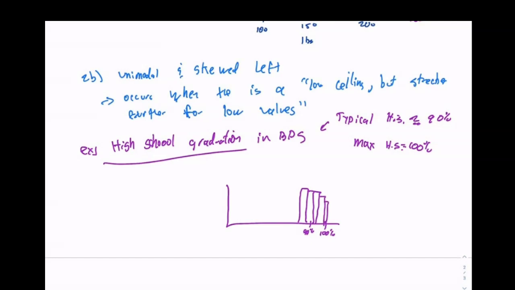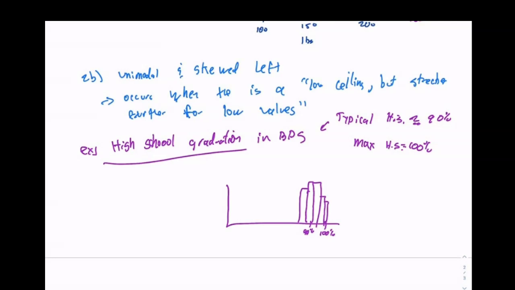So, but our mound, if I exaggerate this a little bit more, our mound is right around 90%. But wait a minute. As Mariana just said, there's schools that are like 80%, right? There's schools that are even lower than 80%.